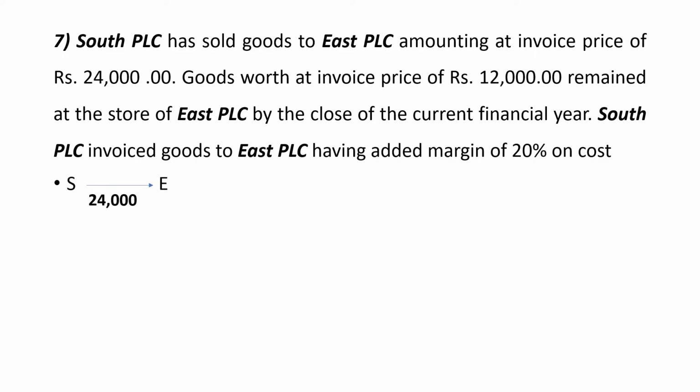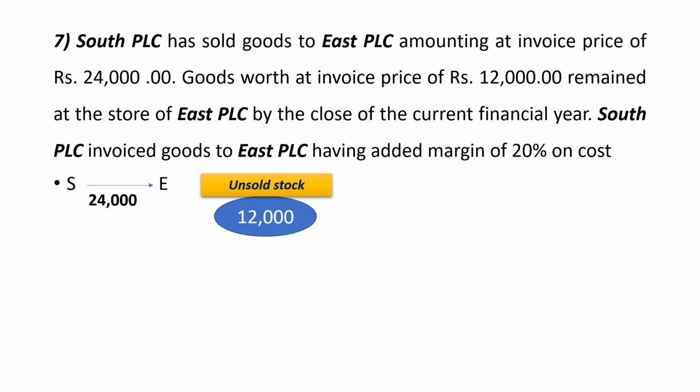So when the parent sells goods to the subsidiary, it is known as downstream sales. It says they have sold 24,000 invoice price worth of goods. Now, out of this, it says that 12,000 remained at the stores, which means these are the unsold stocks in East PLC.